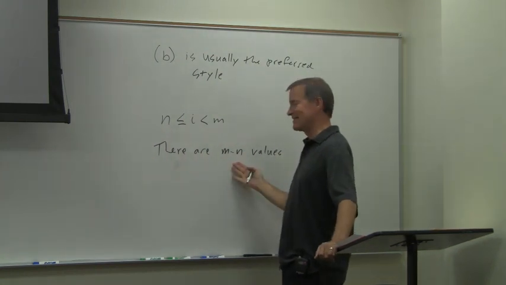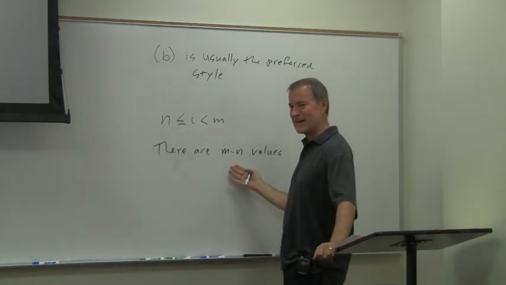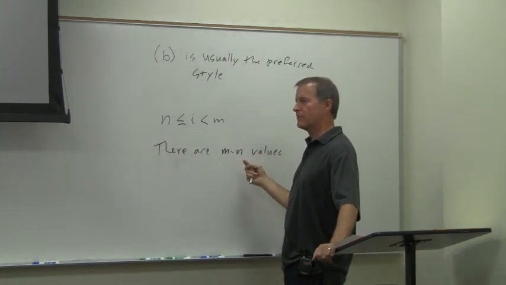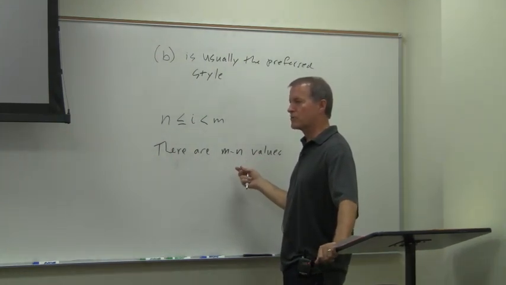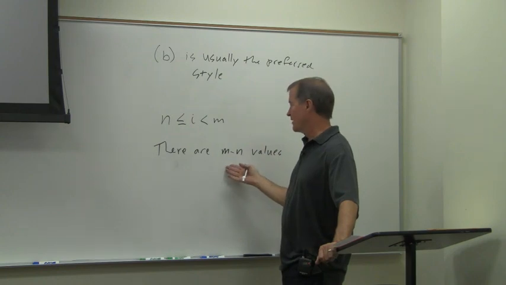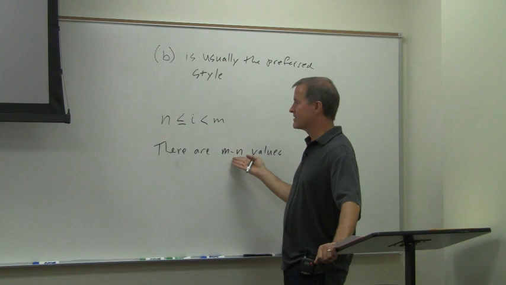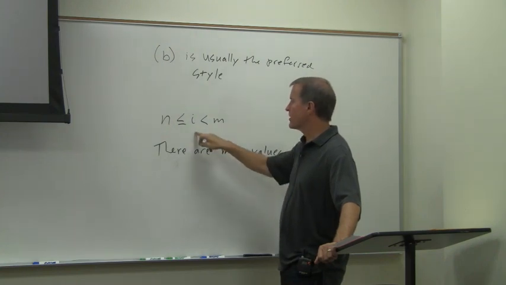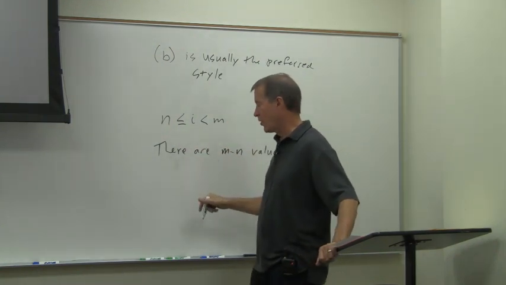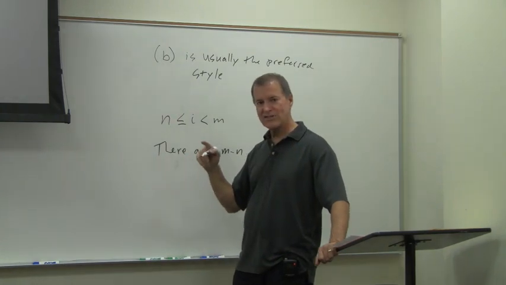So this is a handy thing, because whenever you're thinking about the number of values to process in a program, this is a nice feature to have. Also, arrays start at 0.